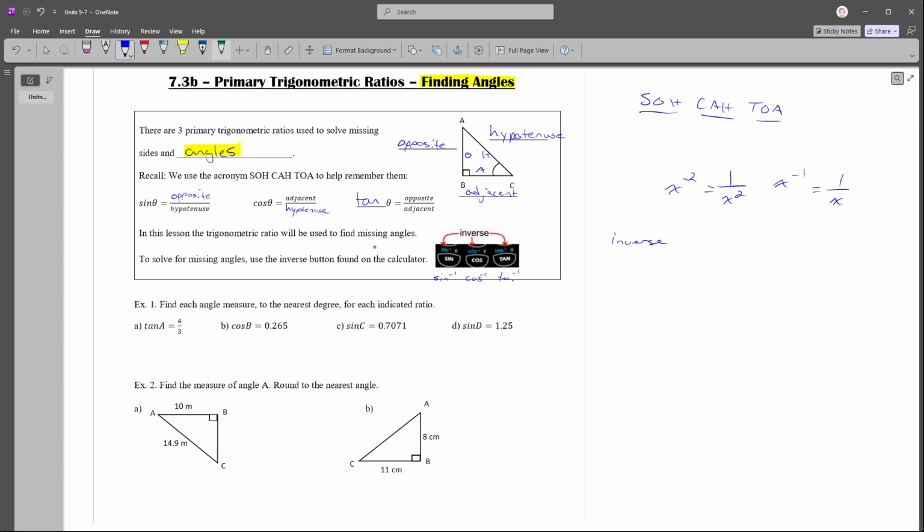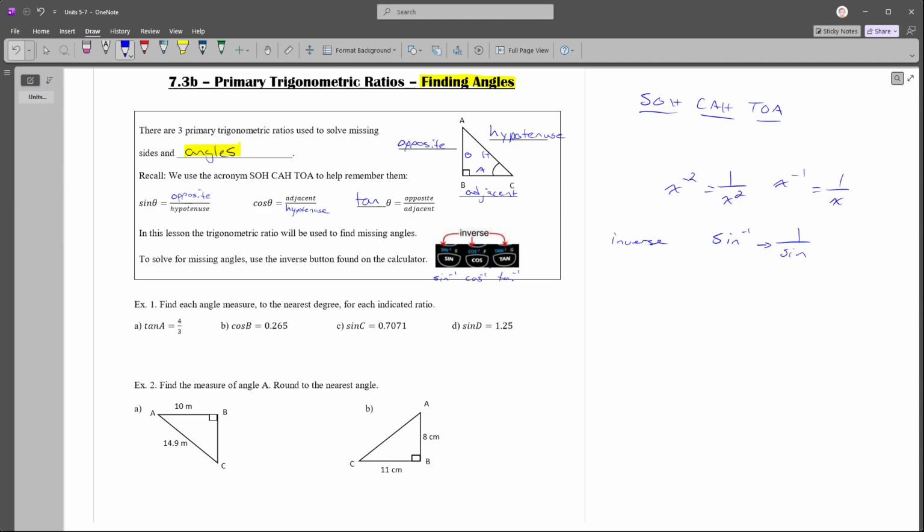Now, we're seeing it here like sine -1. So that leads us to believe this must be the same as saying 1 over sine. But that's actually not the case. You will not get the correct results. So this is why this notation of sine -1 is a bad notation.